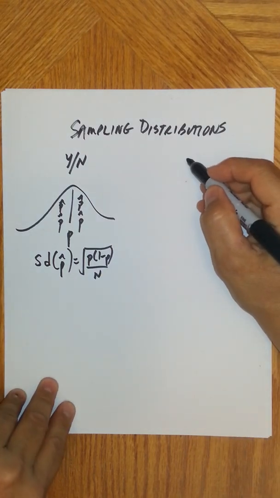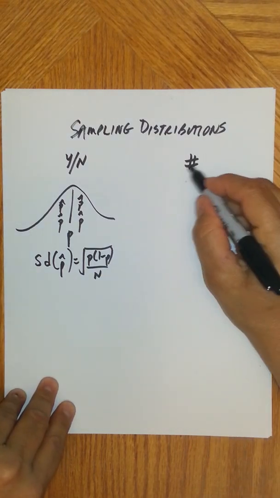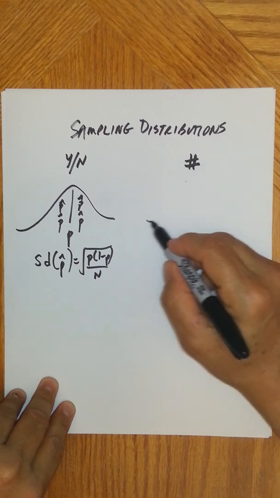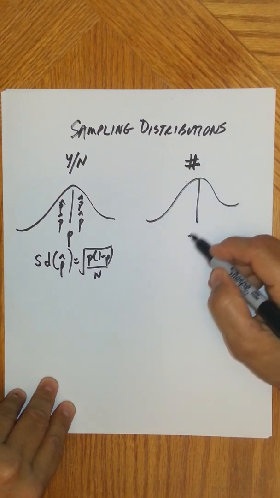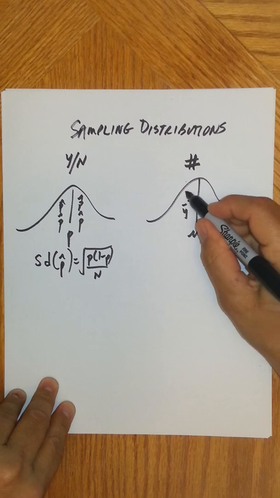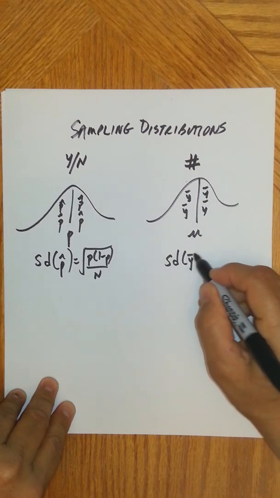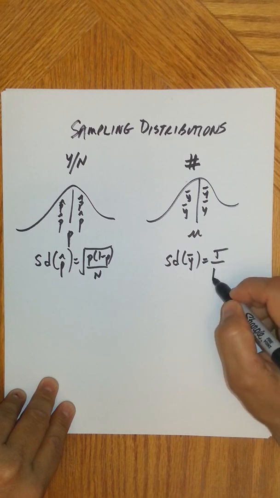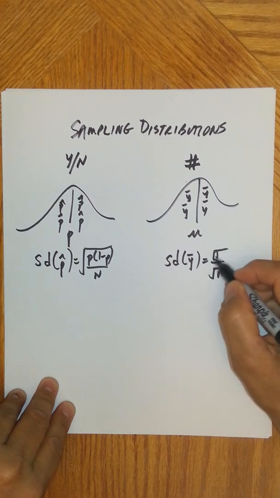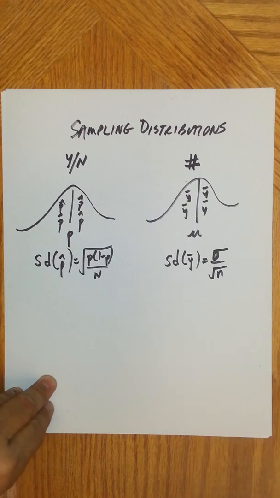Whereas if you have a numerical trait, the sample y bars will cluster around mu, also in a normal distribution, and they'll spread out by the formula sigma over square root of n, where sigma is the standard deviation of the population.